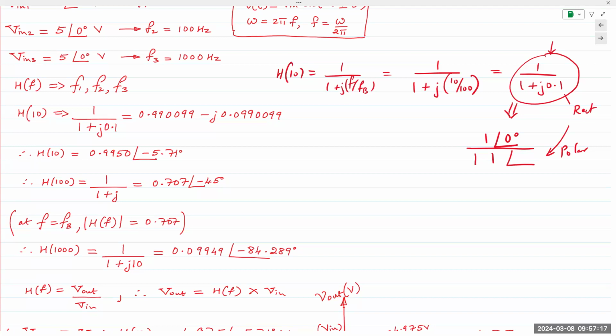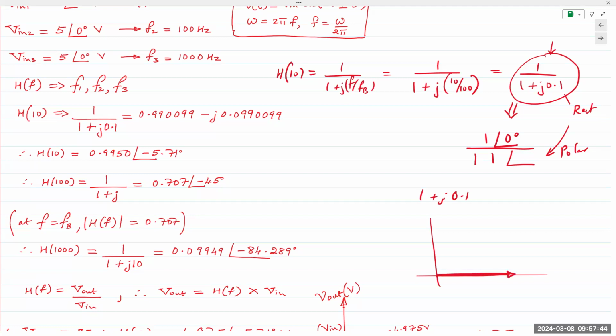So 1 plus j 0.1 means it is a vector with a projection of 1 on the real axis and 0.1 on the imaginary axis. If I was to plot that, it would look something like this. This is obviously not to scale.